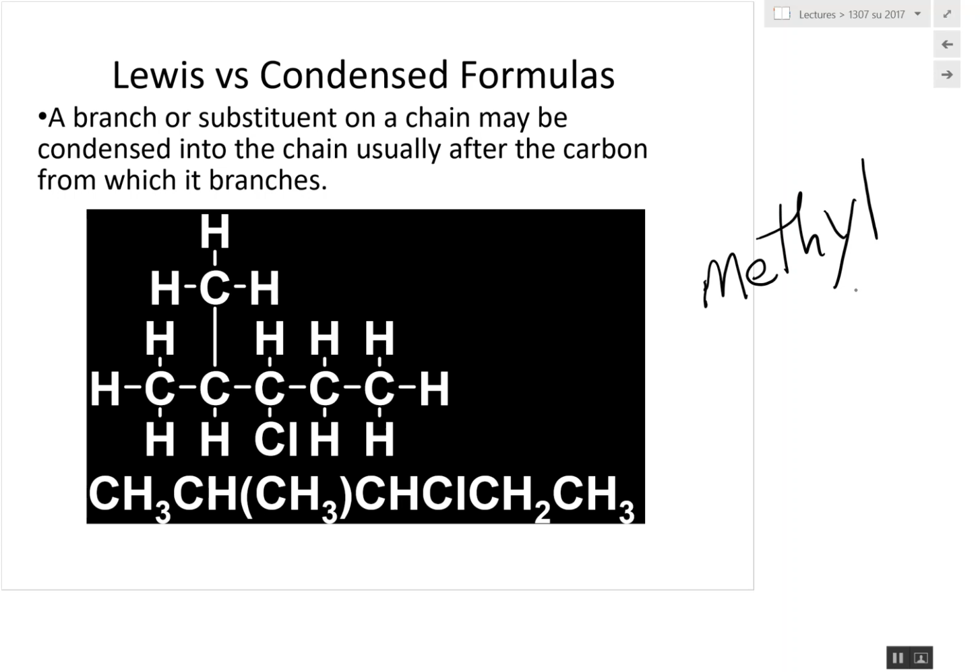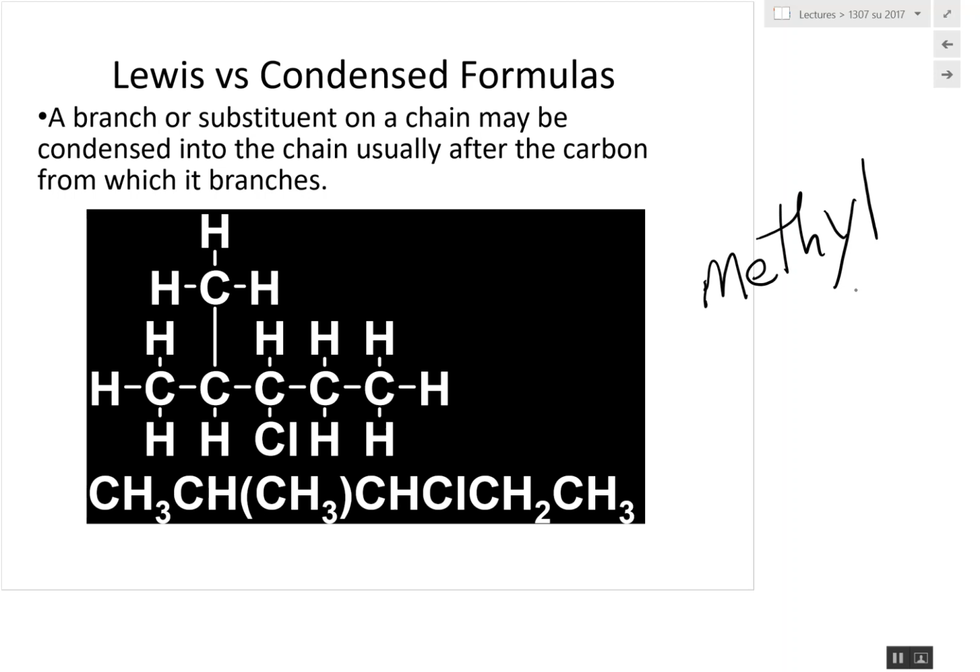So here's our first carbon, CH3. This is a condensed formula. Second carbon, we've got a carbon and a hydrogen, so CH. But now we've got a CH3 there, so we put it in parentheses after this H, CH(CH3). So that carbon has two things attached to it, a hydrogen and a CH3 group.